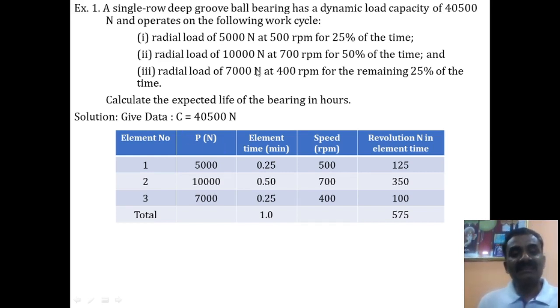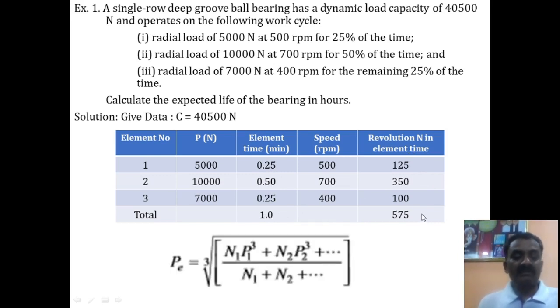In this case the axial load is not given, so taking it as 0, P becomes FR, taking X as 1. Elemental time is written and speed is written, so we'll get the revolutions here. Multiplying 500 by 0.25 is 125, 700 by 0.5 is 350, and the total is 1, and this addition is this one.